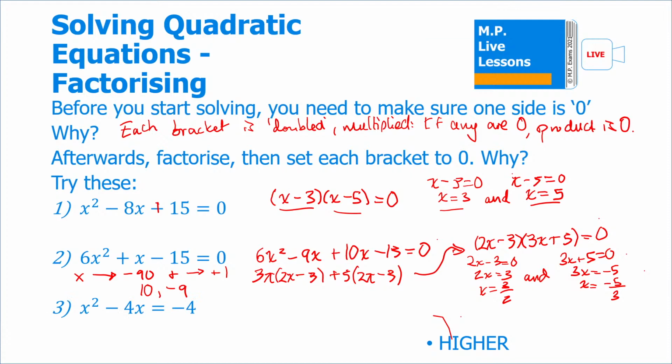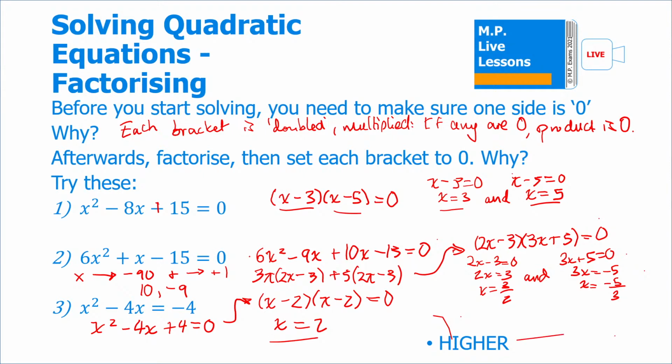And the last one we'll have to move to the left. What you notice is you'll get the same solution for each bracket, which is x is equal to 2. And sometimes, yes, you can only get one solution.